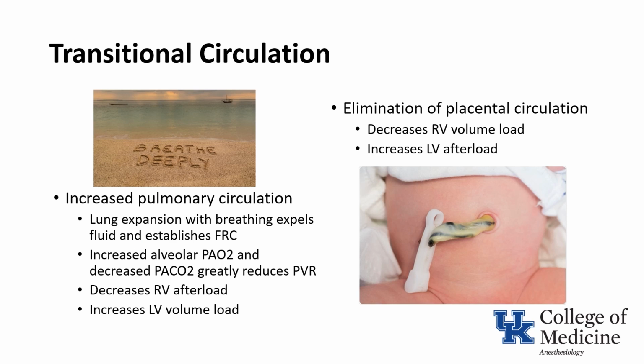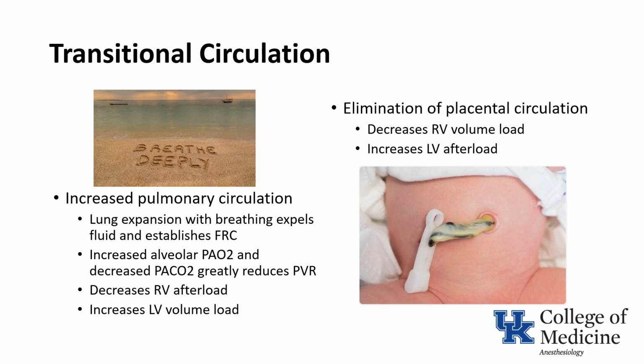expels fluid from the lungs and establishes a functional residual capacity within the lungs. This increases the alveolar partial pressure of oxygen and decreases the alveolar partial pressure of carbon dioxide, which greatly reduces the pulmonary vascular resistance.